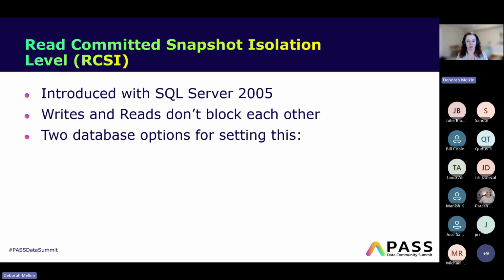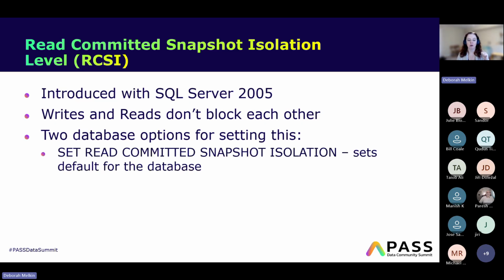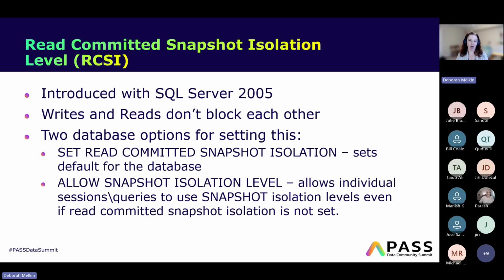There are two database options for this, as I mentioned earlier. You have the set read committed snapshot isolation. This is where we're saying what's the default for the database. When I have a connection by default, what isolation am I using? That's where it's saying read committed snapshot isolation. And then you have another option on the database, which is allow snapshot isolation level. So maybe you don't want it on by default.